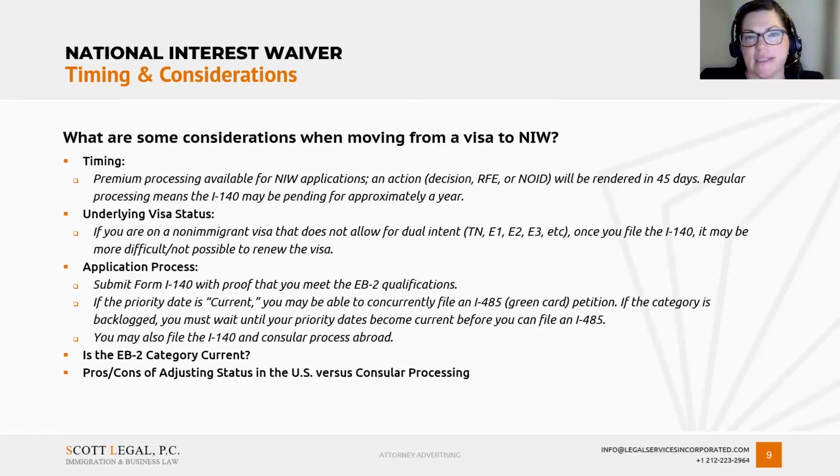There are some categories of visas that do permit a dual intent, meaning that you could maintain a visa like an H-1B or an L and have that intent to either return home or stay here in the U.S.